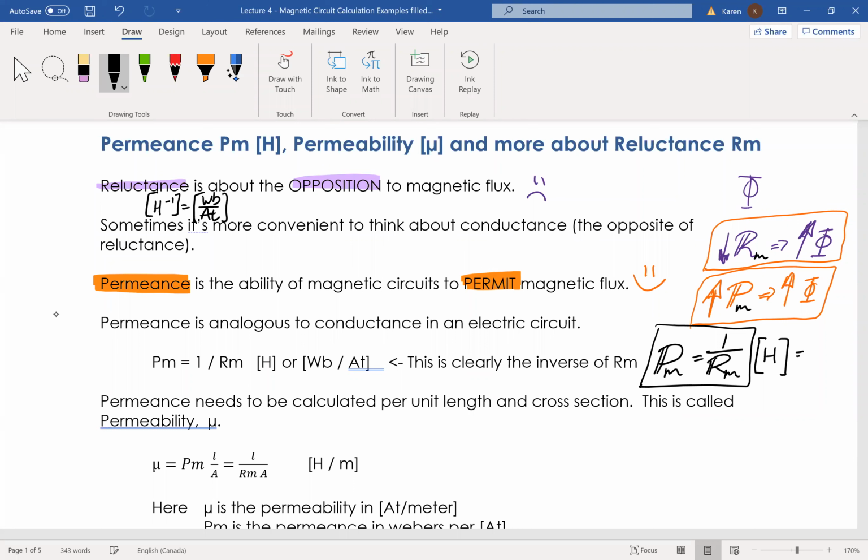So this would be a Henry, which is an amp per Weber, but I like to say amp turn per Weber. It's more descriptive. So do we need the new definition, permeance? No, it's just the inverse of reluctance. We could always just use reluctance. But we invented this P for permeance, which tells us that we can represent it in the inverse form.